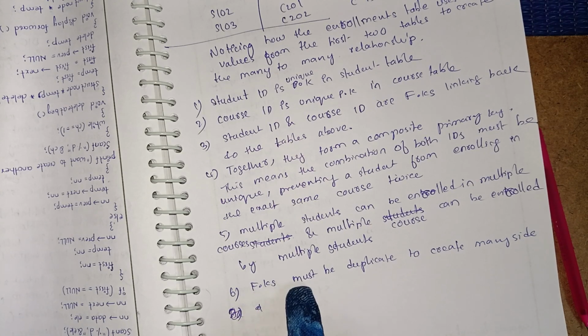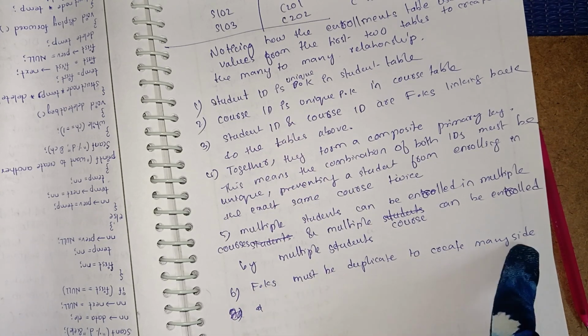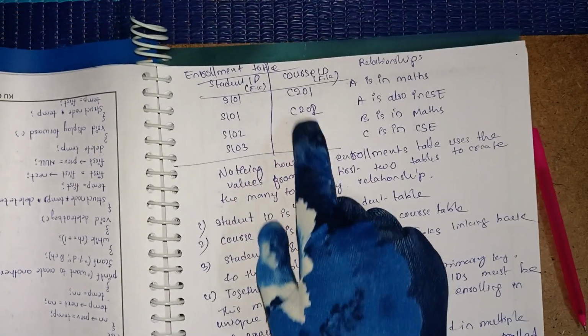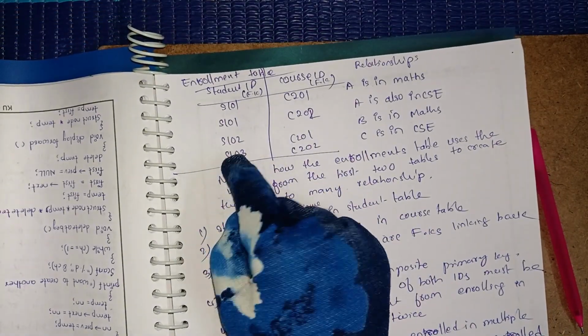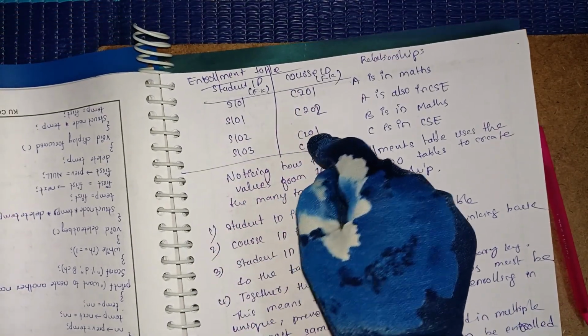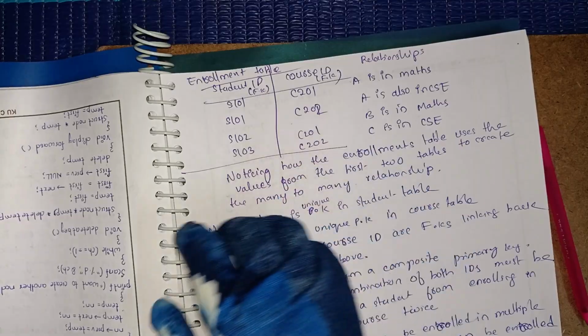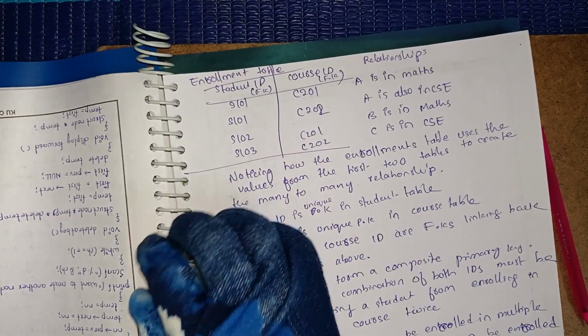And foreign keys must be duplicated to create many sides. These student IDs and course IDs must be duplicate values to create many sides.